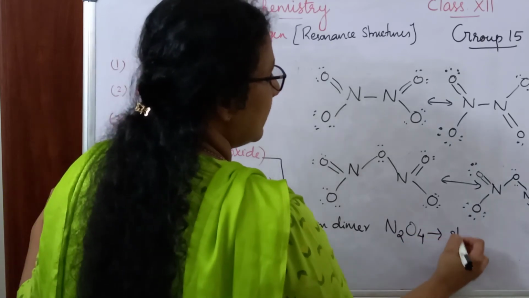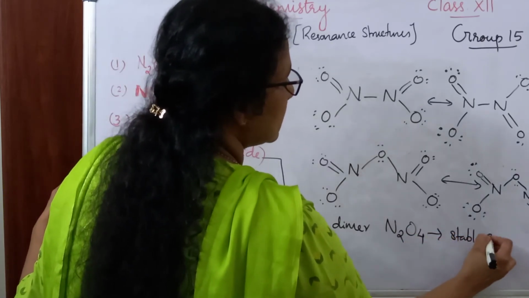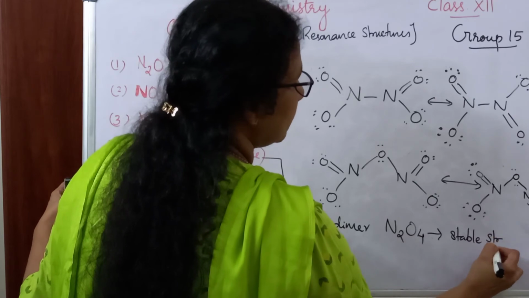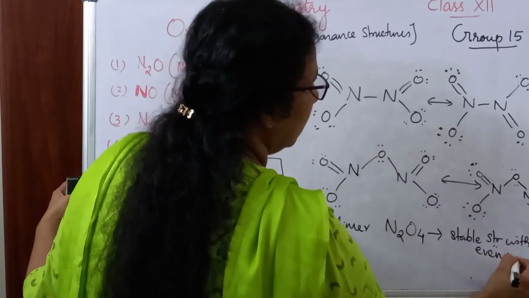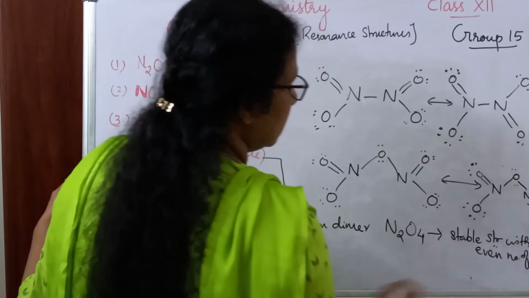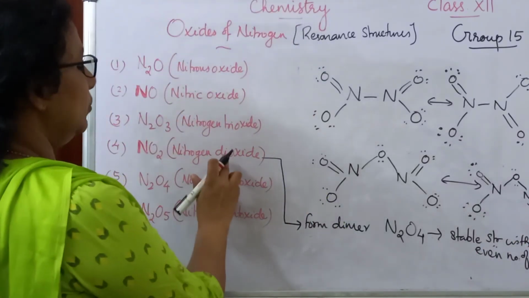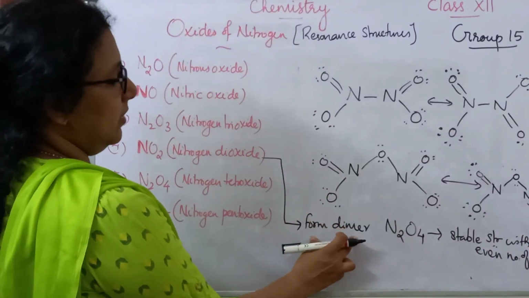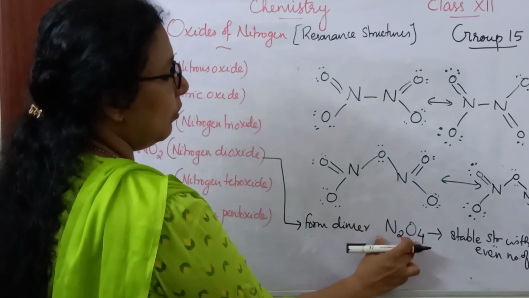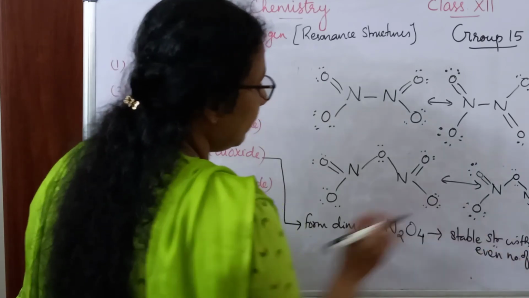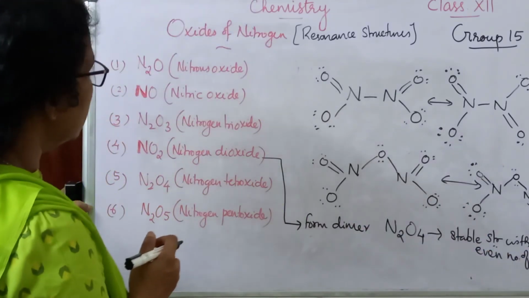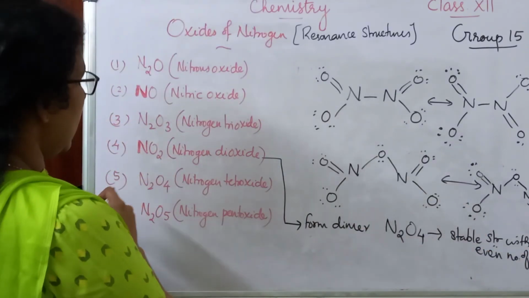So this is a stable structure with an even number of electrons. So NO2 forms a dimer because it forms N2O4, a stable structure with an even number of electrons. That is one point to be noted with nitrogen dioxide.